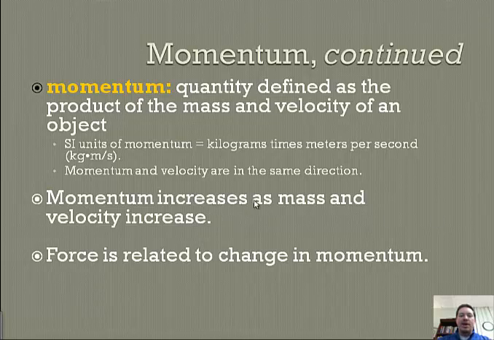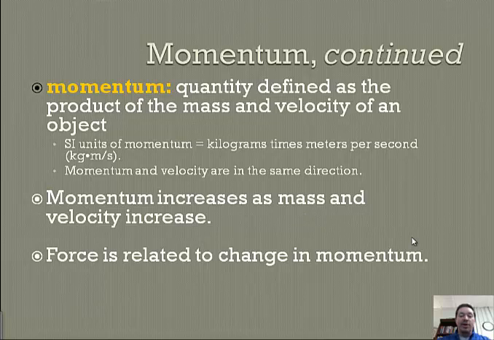We could talk about a Mack truck and a little Volkswagen. The Mack truck having a lot more mass, when moving at the same velocity, is going to have a lot more momentum. However, if that Mack truck were moving very slow and the Volkswagen was going very fast, it is a possibility that the momentum could be equal between those two objects.